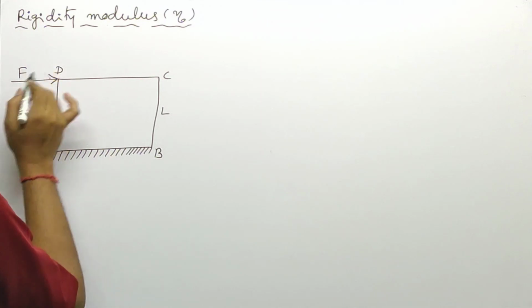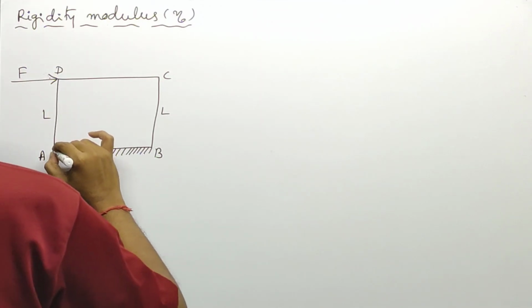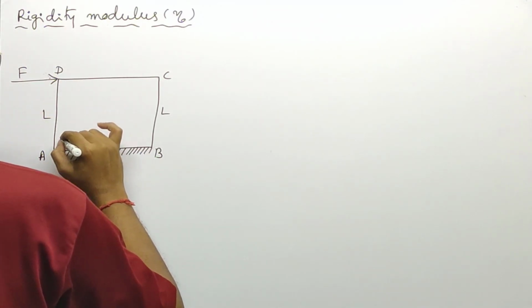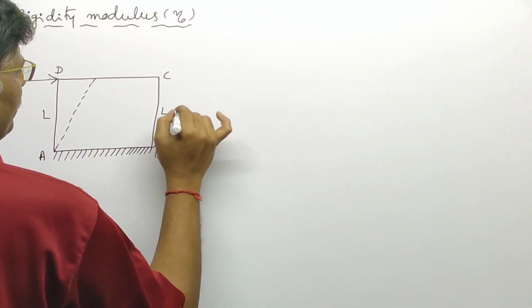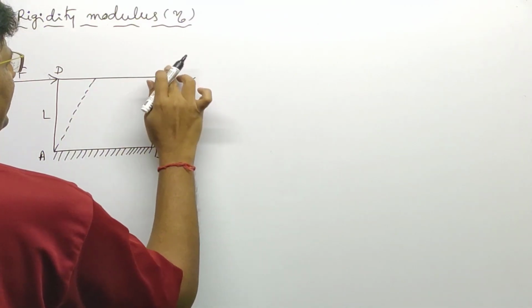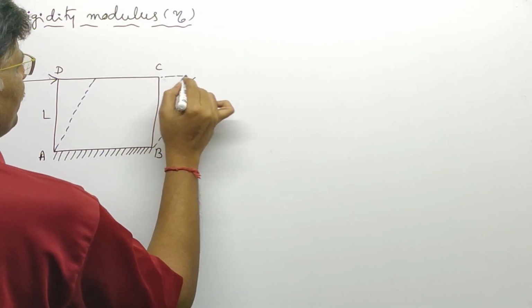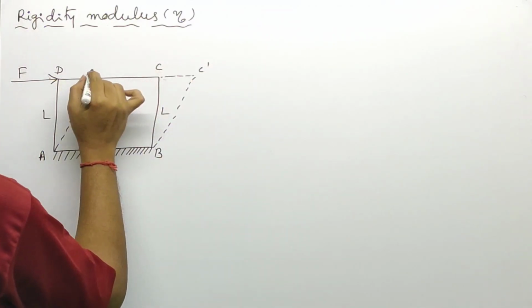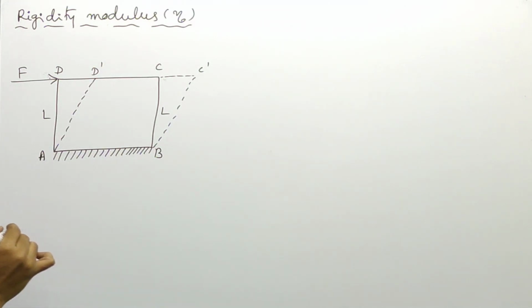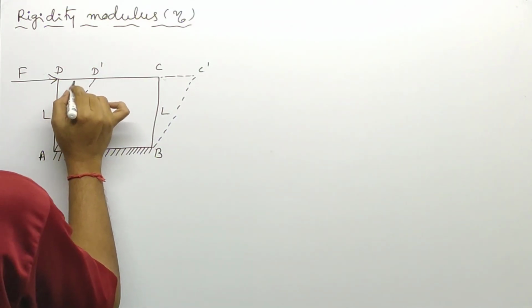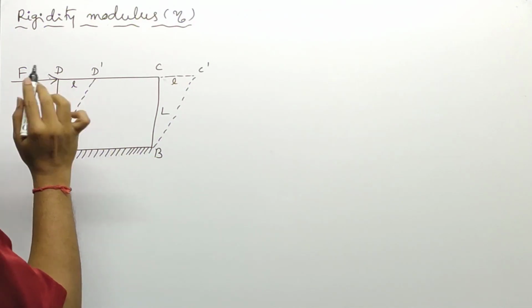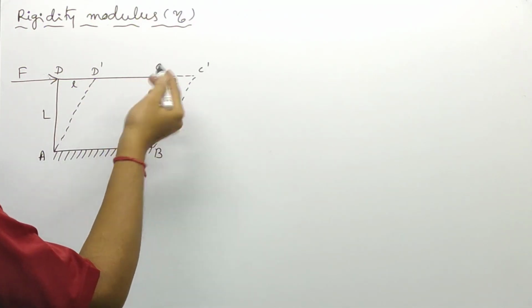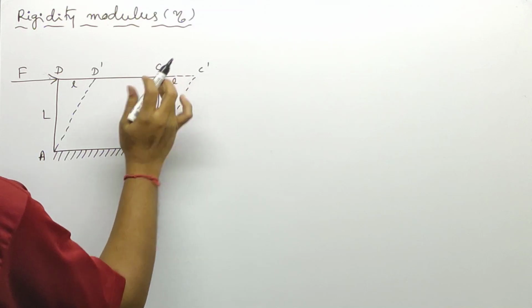If a force, capital F, is applied, the shape of the cube changes to a parallelepiped. That is, C is shifted to C dash and D is shifted to D dash. Let us assume the shift in D is a small l, and the shift in C also is a small l.